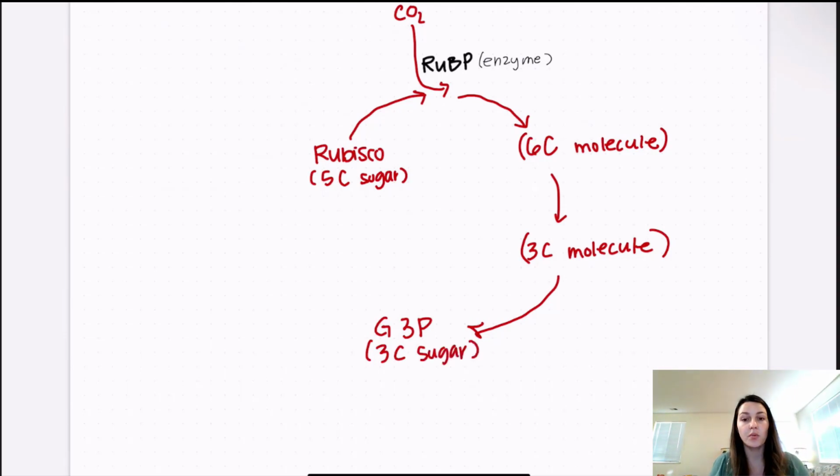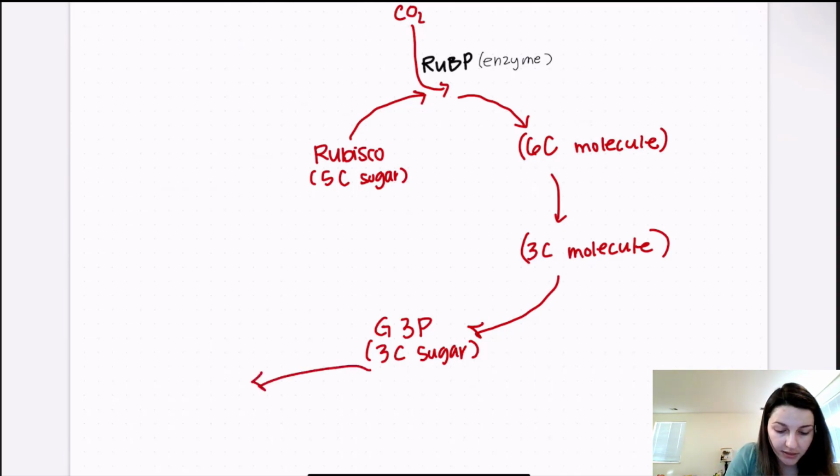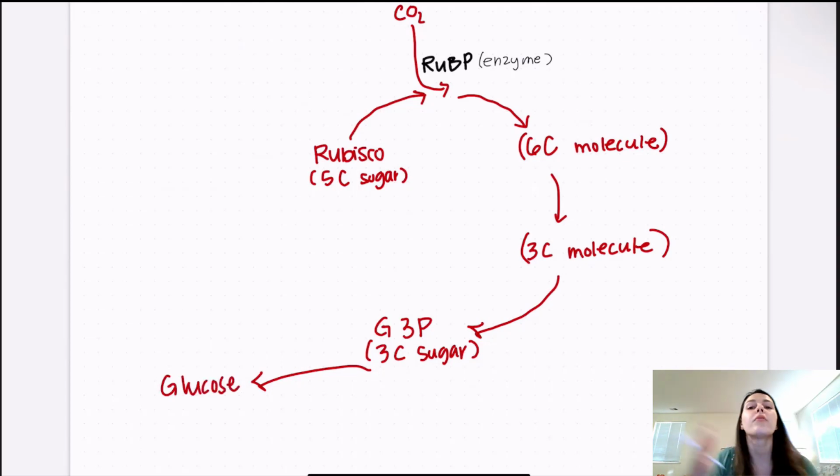G3P has 2 really important jobs. One, it makes glucose through a series of steps that I'm waving my hands over here. Glucose then can go into whatever other sugars that we need it to be. So glucose, and then it can maybe become cellulose.